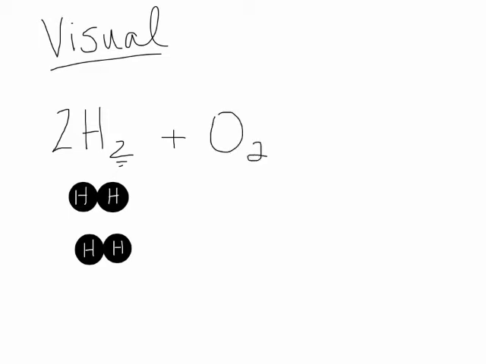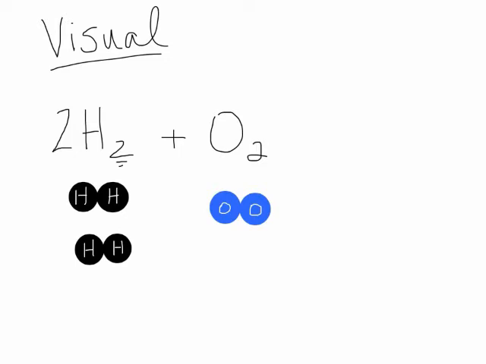So let's take a look at how that looks visually. So now you can see here I have one molecule of oxygen, which is represented by O2, and there's two oxygen atoms that are combined down here to make one oxygen gas molecule.